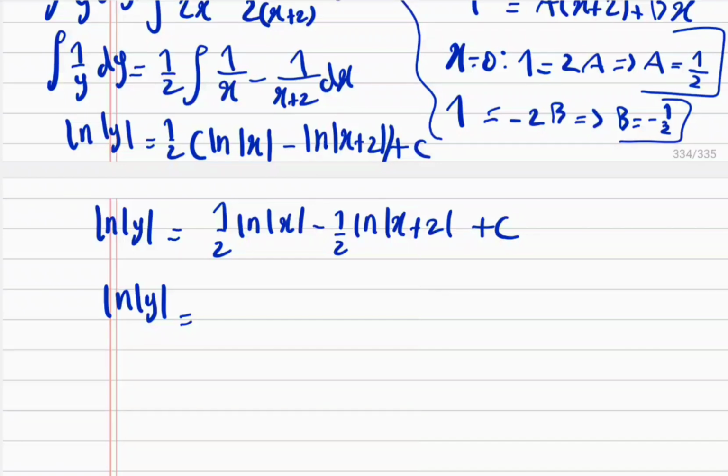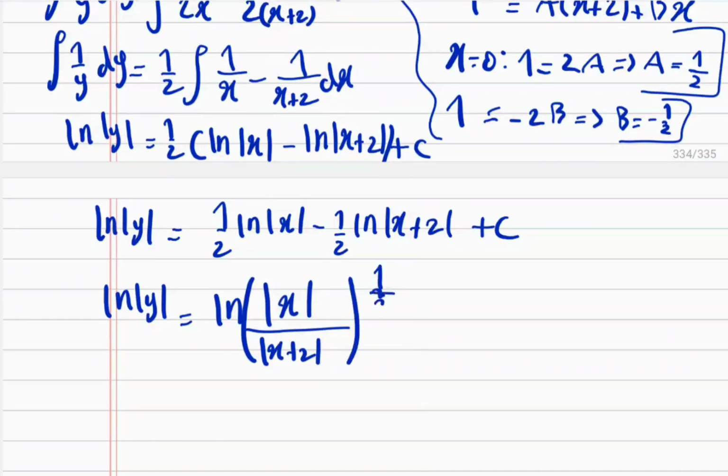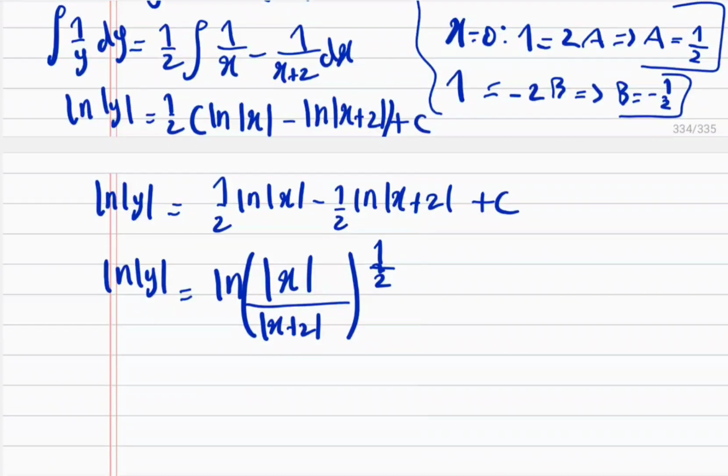And also when we have ln of something minus ln of another thing, we can write this as a division. So the whole thing becomes ln of modulus x over modulus x plus 2, all to the power of half, which is also the same as the square root.